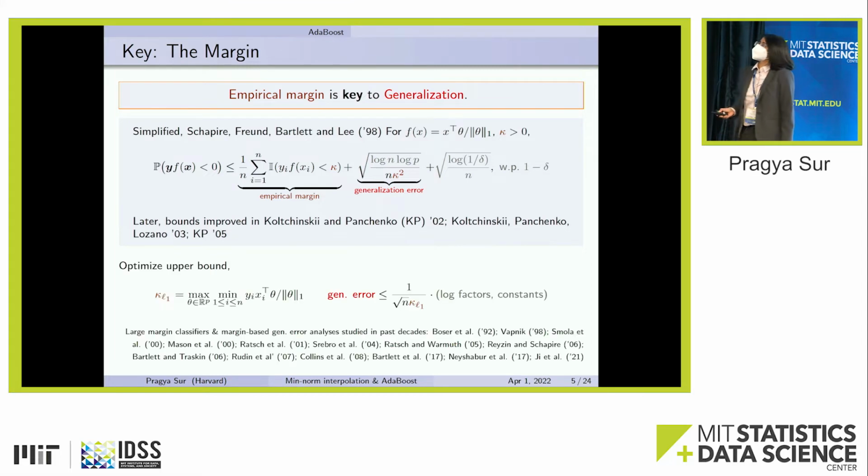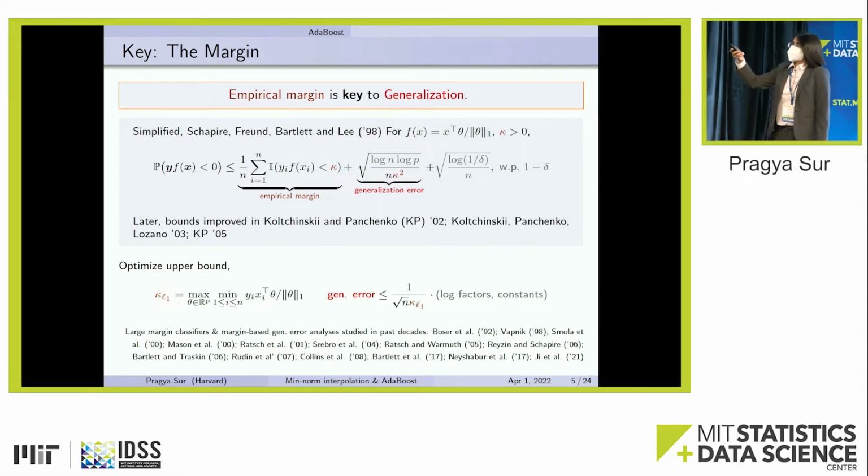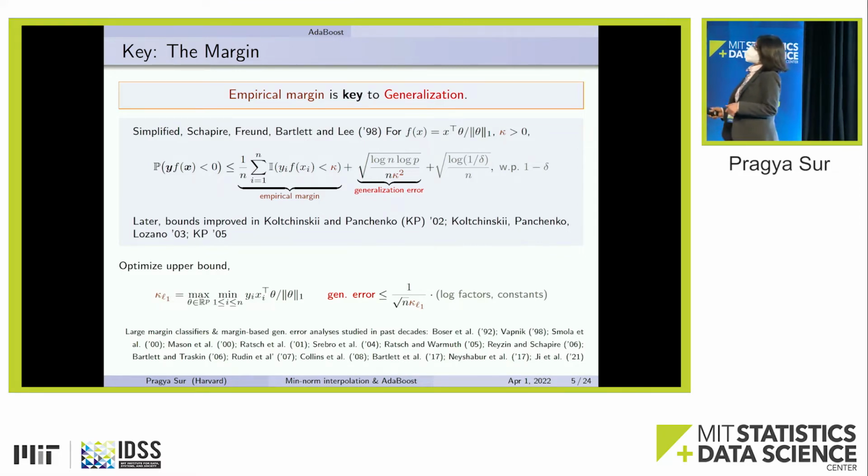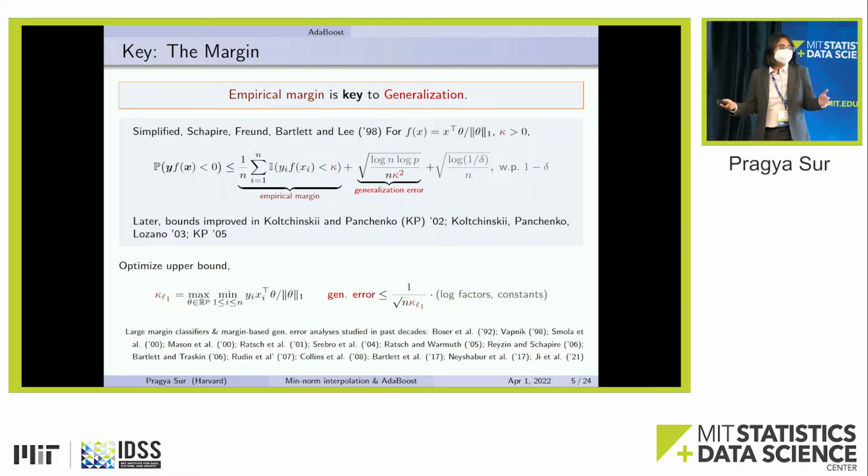Now, one way of doing that is by taking a choice for the threshold of this form. The quantity I've defined below is known as the max-min margin. What it is doing is taking all linear classifiers of this form, x_i transpose theta, and normalizing them by their L1 norm.